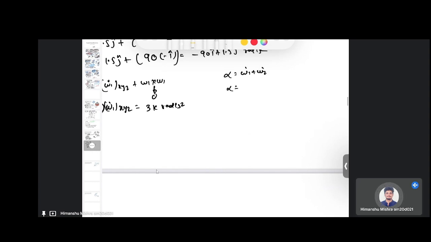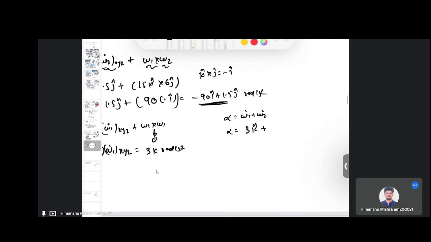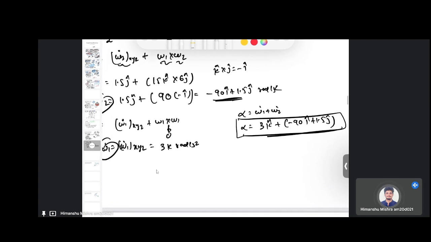So my omega 1 dot is 3k and omega 2 dot is minus 90i plus 1.5j. So this is my angular acceleration vector. Now we have been discussing so far that to calculate the acceleration we need the angular acceleration vector as well as the angular velocity.